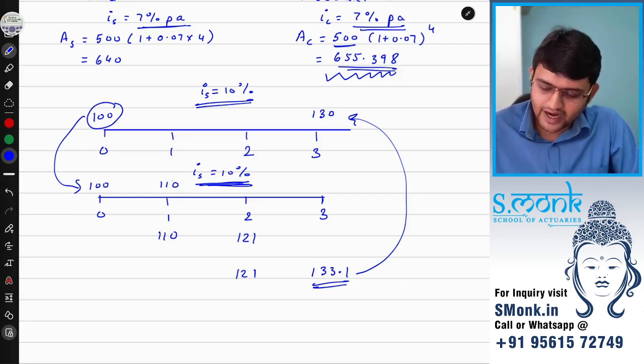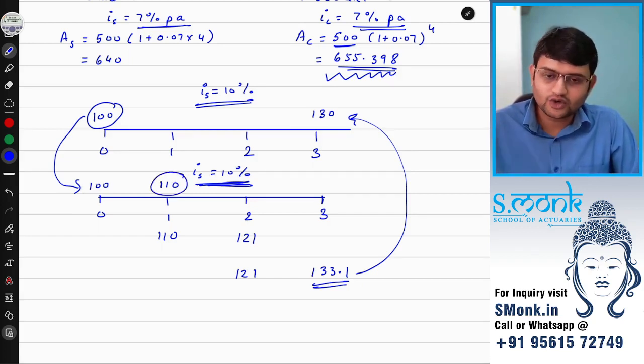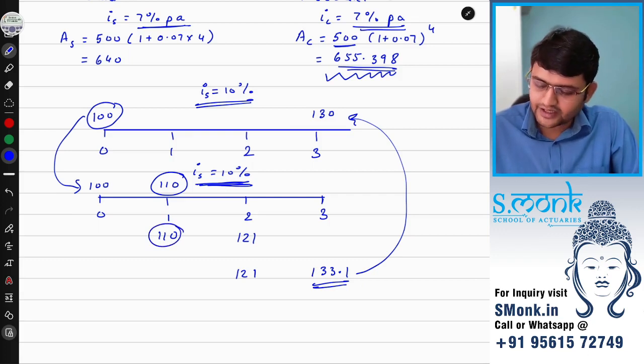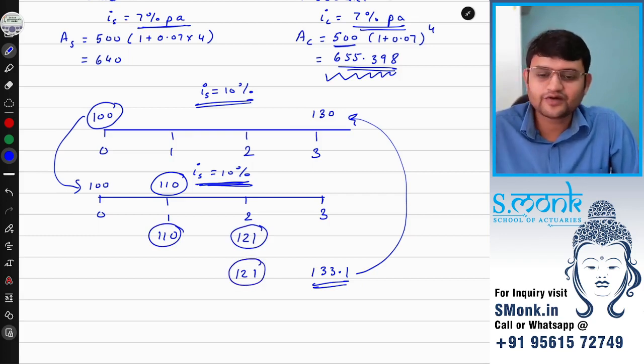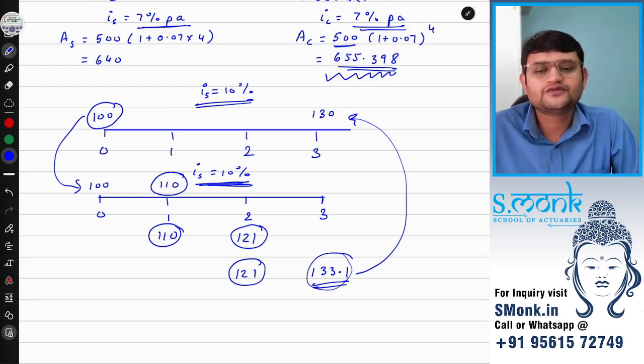You would say, after 1 year return me 110. If you want the loan for one more year, take that 110 and then return me 121, and then immediately take that 121 back and return me 133.1 after 3 years.